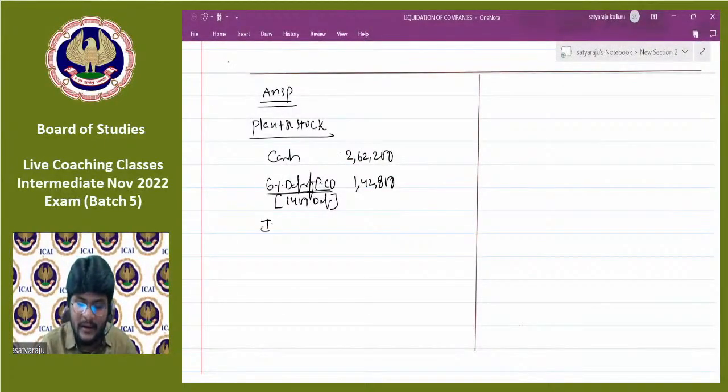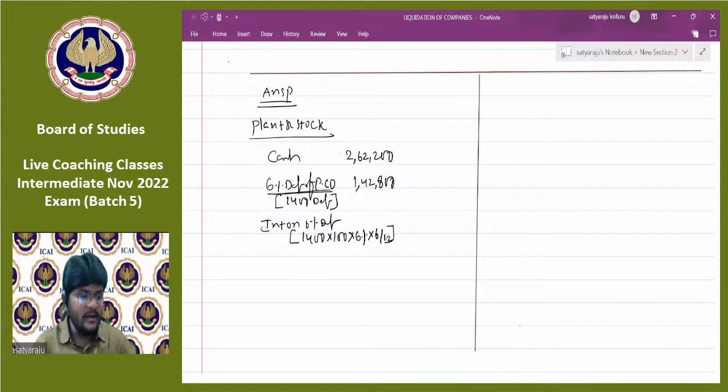That's why interest on such 6% debentures is also an inflow. Interest is how much? 1,400 debentures, face value assume 100, 6% for 6 months. How much, guys, interest? Which is 4,200.